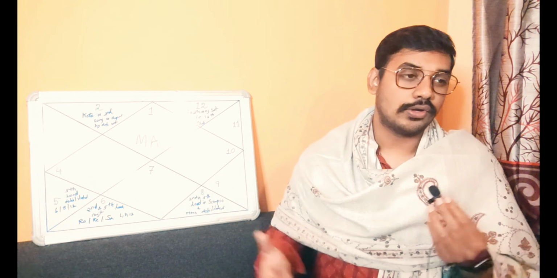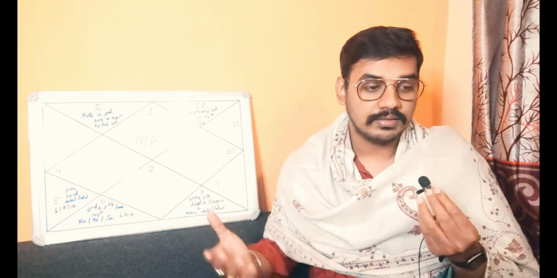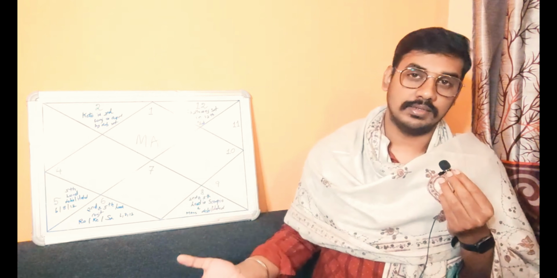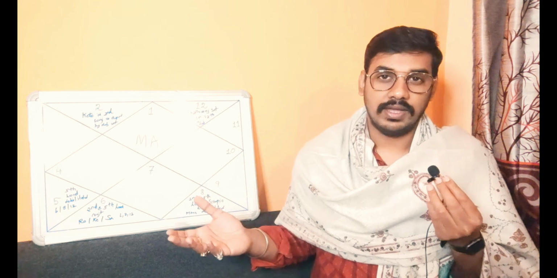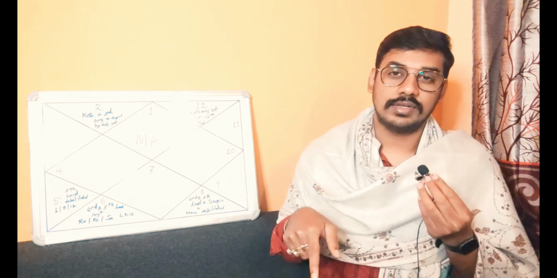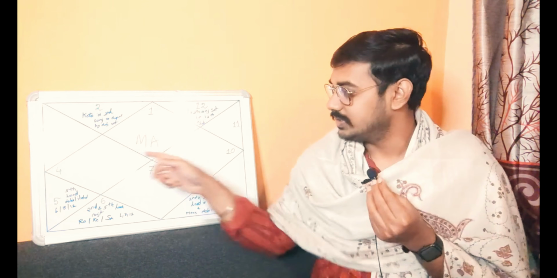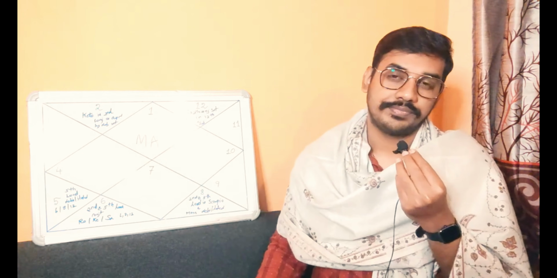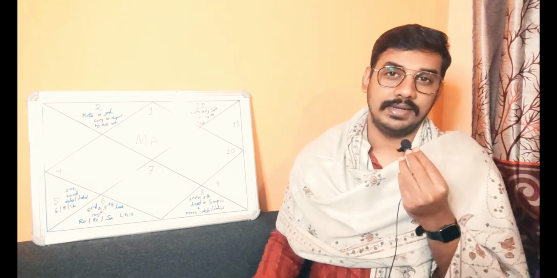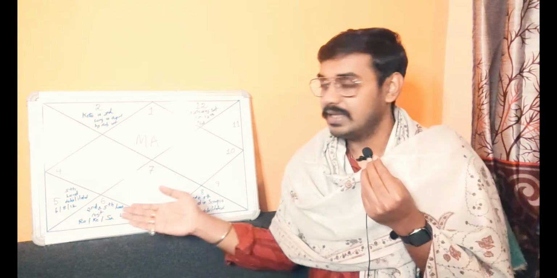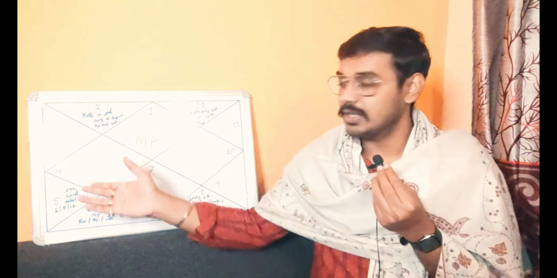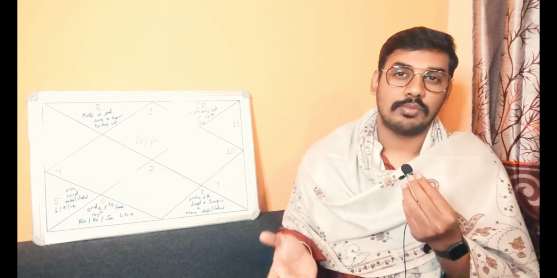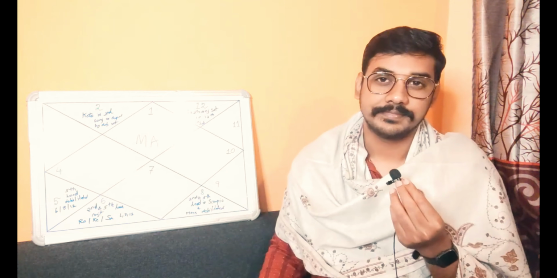This is showing a lot of property, comforts, peace of mind, a good mother. But in the Dwadashamsha chart, in the 4th house, you see that the same Jupiter is conjunct with Saturn, or say it is debilitated. In that case, when you wear yellow sapphire, your problems will increase.